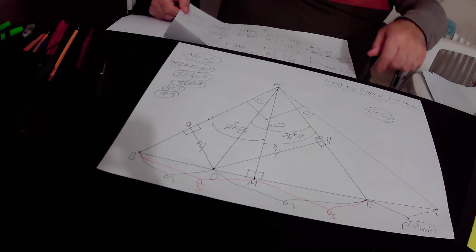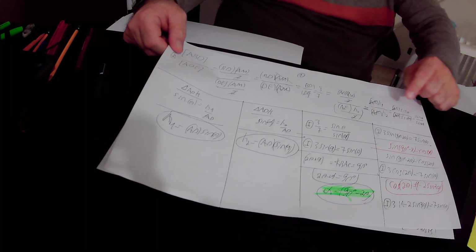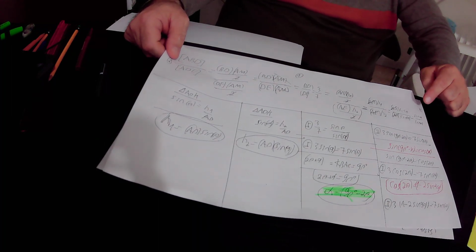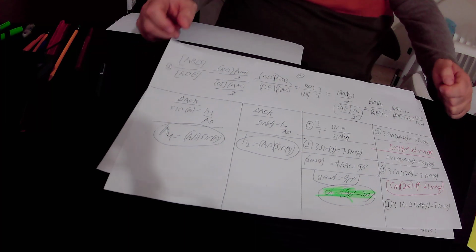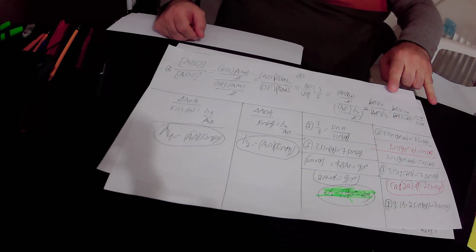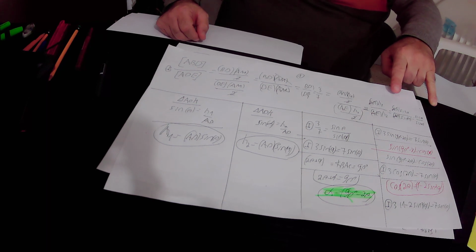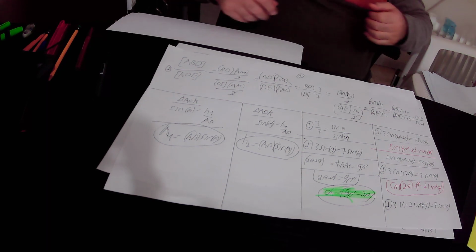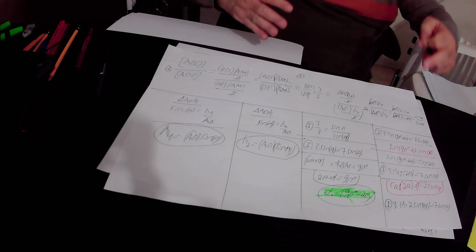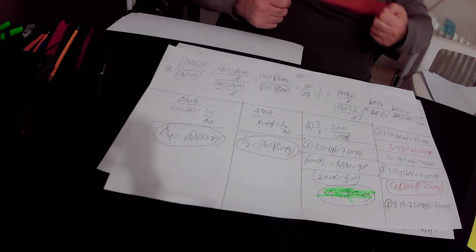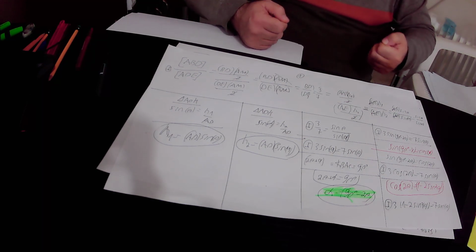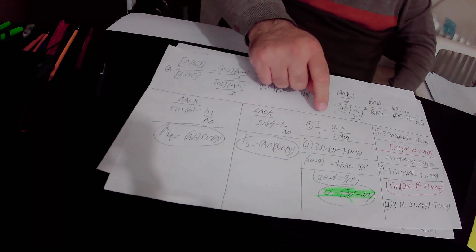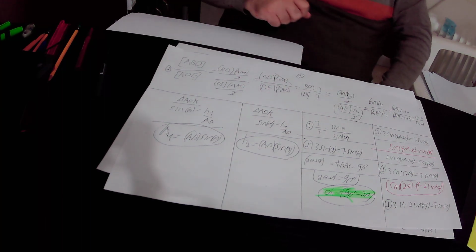So we can write here that H2 is equal to AD times sine alpha. So we have AD in the numerator and AD in the denominator. So AD will get cancelled, and we are left only with sine theta over sine alpha. In conclusion, we found out that according to equation number 1, 3 over 7 equals sine theta over sine alpha.